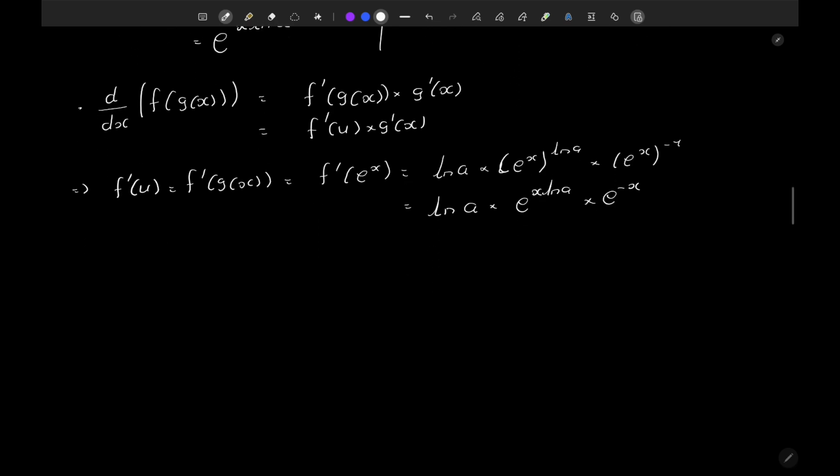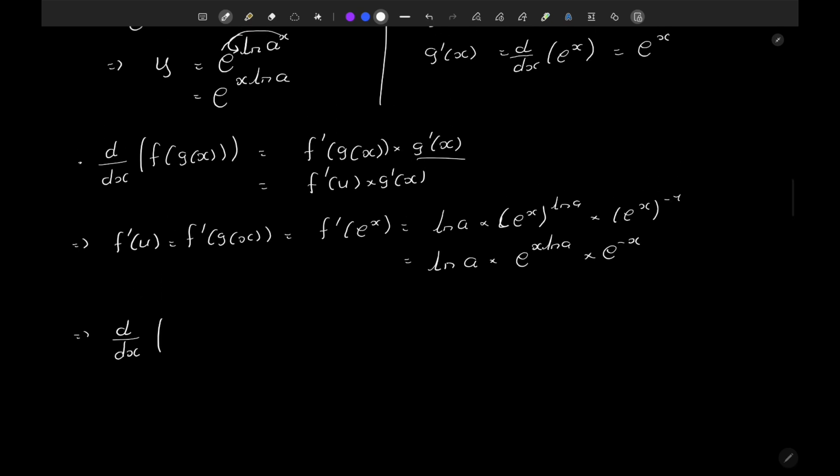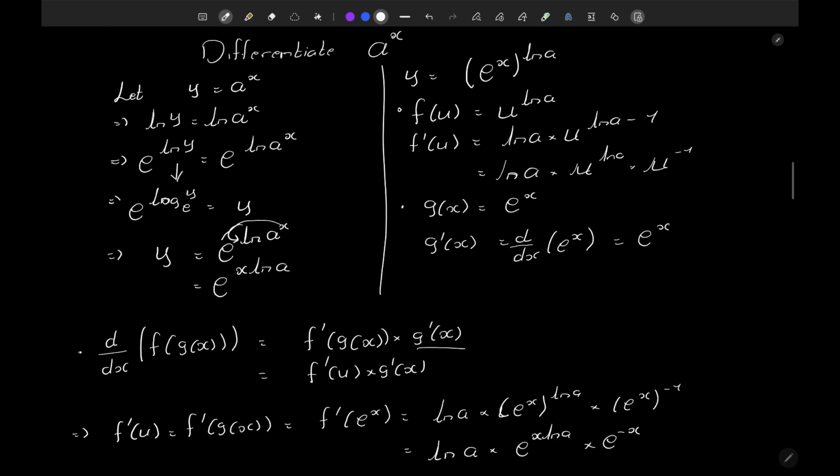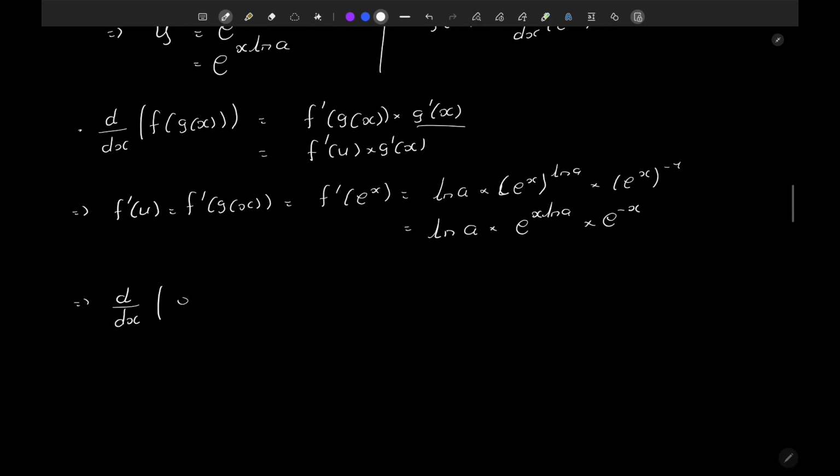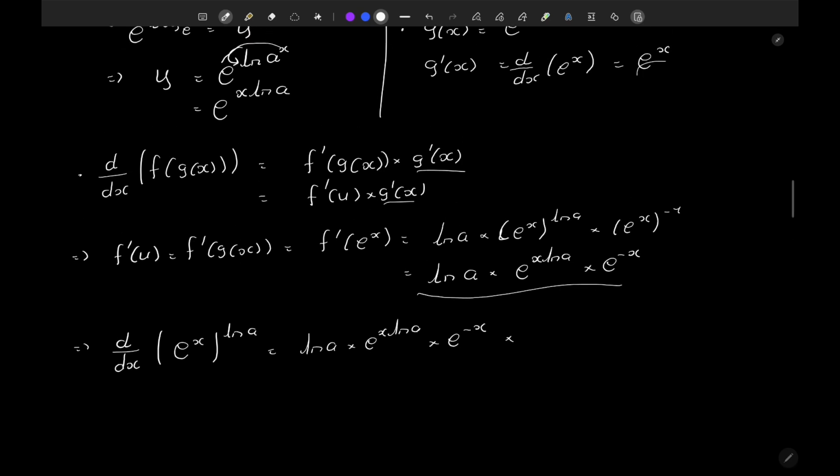Now, substituting g of x in this formula, this implies that the derivative with respect to x of our complete function, e to the x to the ln a, gives us ln a times e to the x ln a times e to the negative x, that is our f prime of u, times our g prime of x, which gives us e to the x.